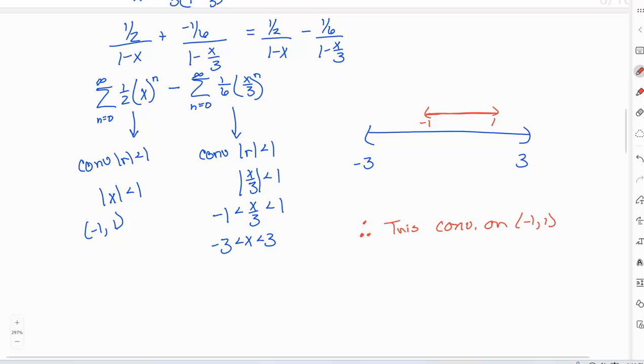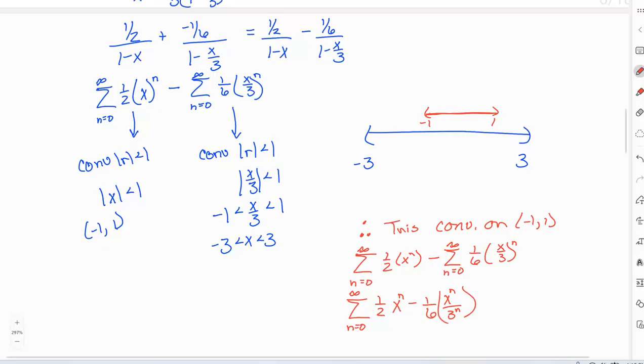Now, if I want to think about combining those into one, we have the sum from n equals 0 to infinity of 1/2 x to the n minus the sum from n equals 0 to infinity of 1/6 times x over 3 to the n. Let's combine these into one summation, n equals 0 to infinity. We could put them together into one that says 1/2 x to the n minus 1 over 6 x over 3 to the n, which is x to the n over 3 to the n.